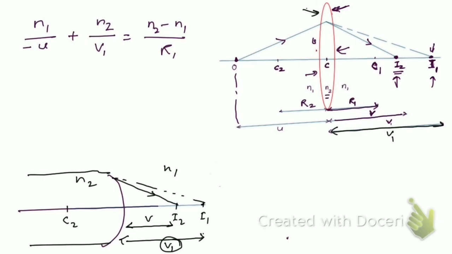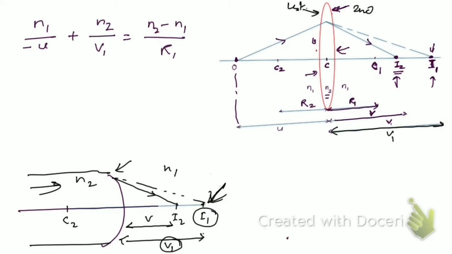So this image distance will now be considered as the object distance, because this image will be regarded as the object for this second surface. This is the second surface, and here is the first surface, right? So now you see, though we have considered this is the image, this is actually a virtual image, but the incident rays are actually coming from this side.